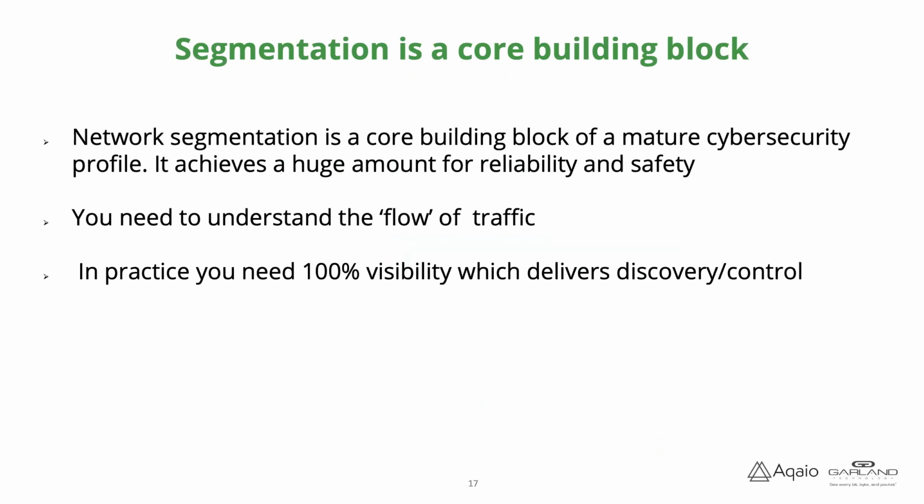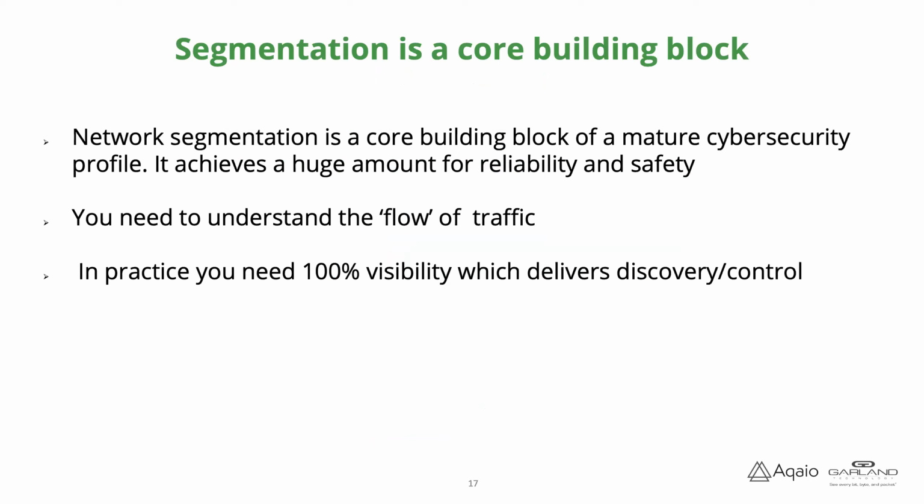So from the perspective of where we're going, we know that segmentation is still the core building block. It achieves a huge amount of what we need for reliability, safety, security.